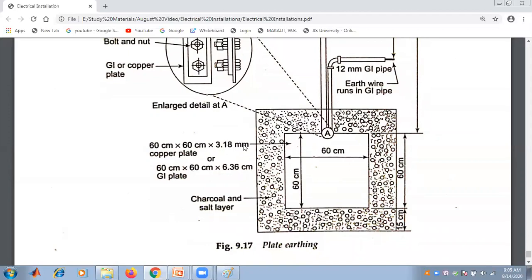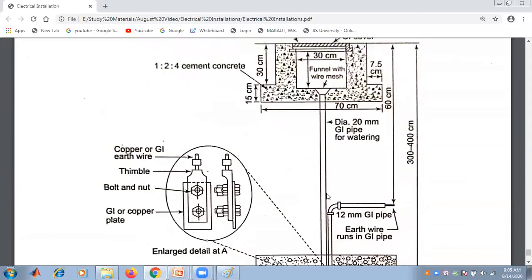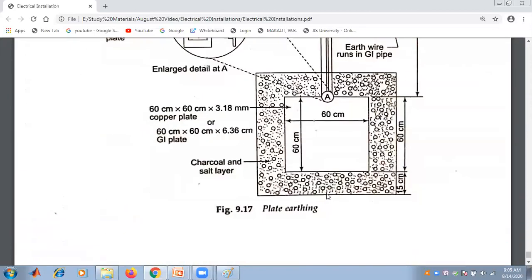So this is the general plate earthing system. We have seen the two types of earthing: one is pipe earthing and the other is plate earthing.